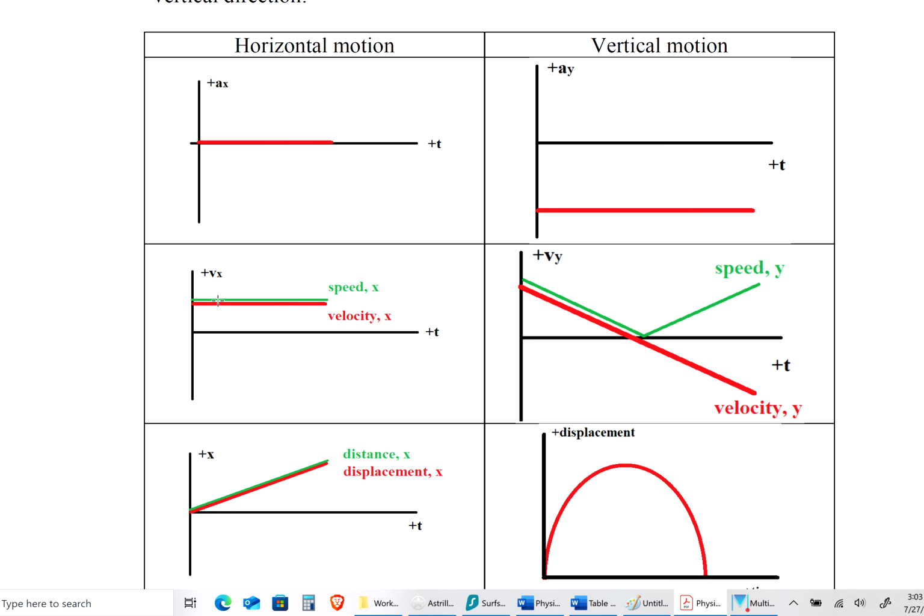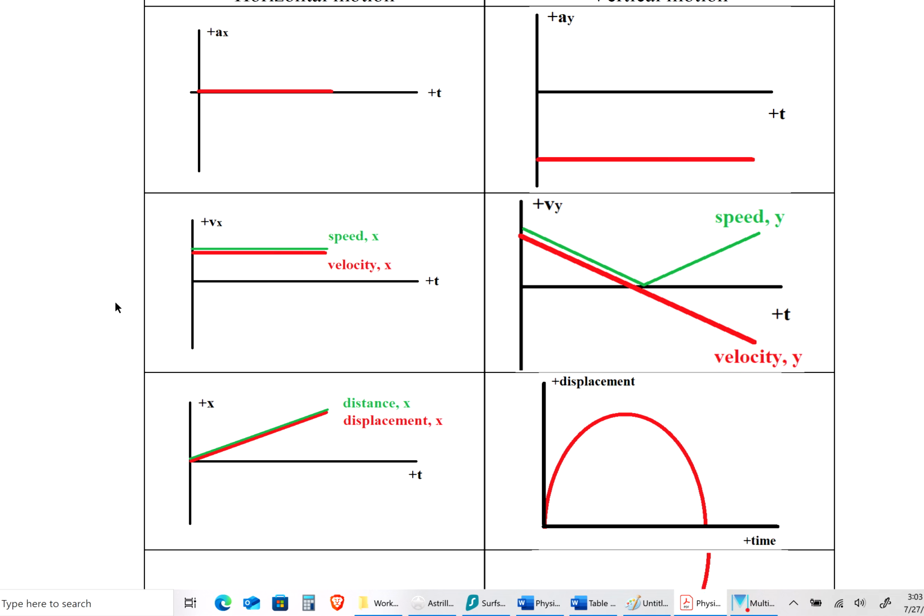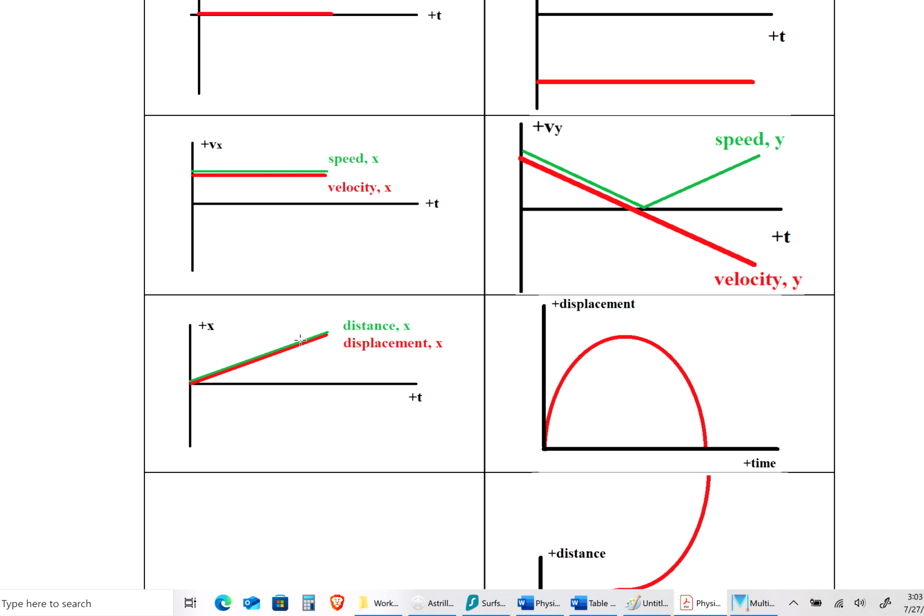Horizontal speed and velocity, it's going to be constant. Horizontal distance and displacement traveled, it's going to look like this with an increasing slope, because as time t increases, the distance traveled increases.